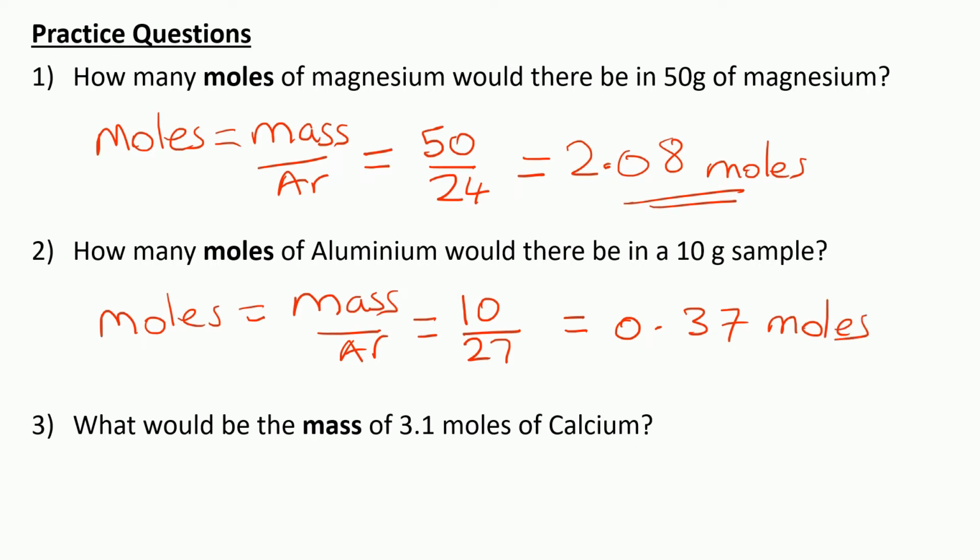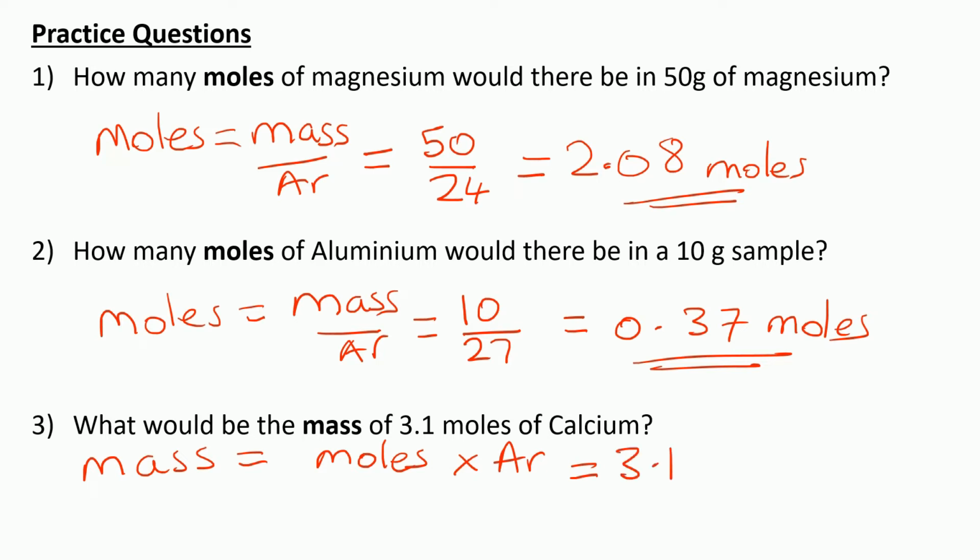And the last question is asking for the mass this time, so we need to use the rearranged form of the equation. Mass equals moles times AR, which is 3.1 times 40, and the answer comes to 124 grams.